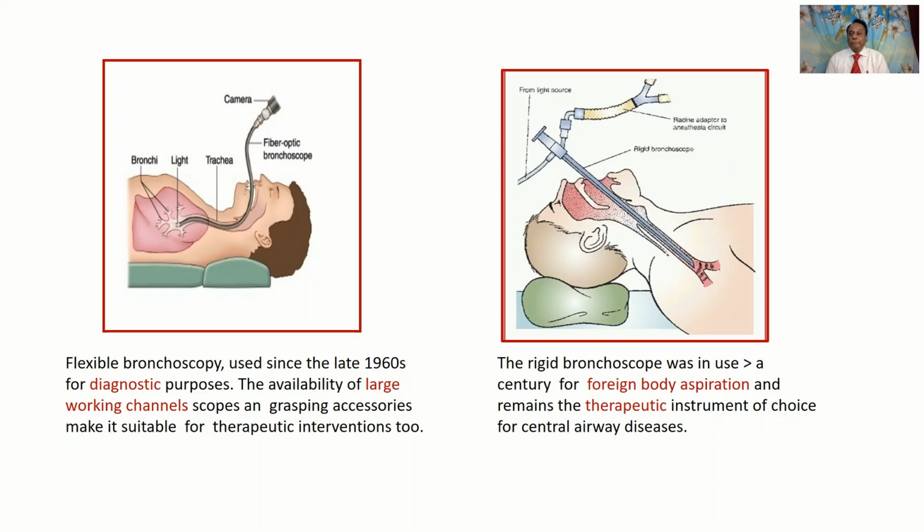Look at the way we are doing flexible bronchoscopy and rigid bronchoscopy. Flexible bronchoscopy is a cord-like instrument going through the via naturalis. Initially it goes through the nose, then through the larynx, trachea, and so on. Whereas the rigid bronchoscope is a rigid tube, and in those days it was mainly used for removal of foreign bodies, and it still plays a major role in removing foreign bodies.